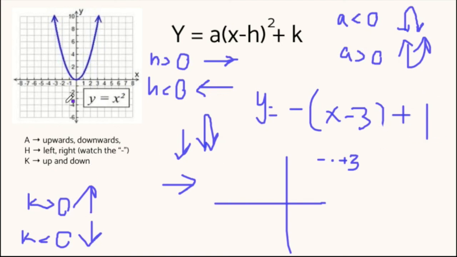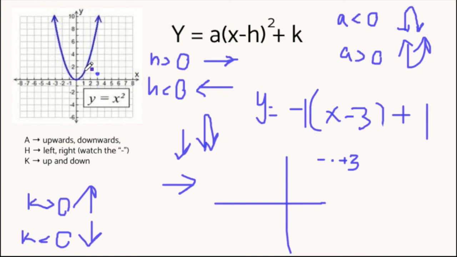So let's go to this parent function to find where exactly that is. Because our graph is moving 3 units to the right, we first find 1, 2, 3. And our graph is moving 1 unit up, so our new vertex is going to be here. And our graph is going to be downward facing. And because this is just 1 and there is no number in between, we know that the narrowness or the wideness of the graph is going to be the same as the parent function.